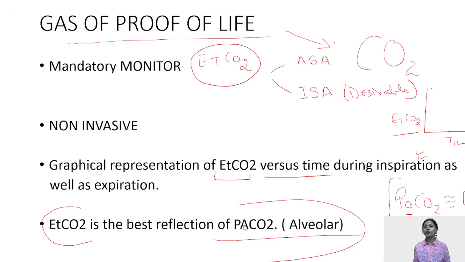The difference between PaCO2 and EtCO2 is only 0 to 5 millimeters of mercury under normal circumstances, because this gradient also lets us know about various disorders of the lung and at the level of the tissue, which will be coming forward.